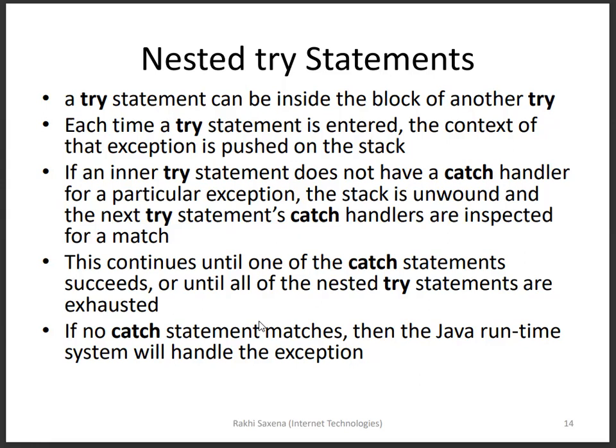This continues until one of the catch statements succeeds or until all of the nested try statements are exhausted. If no catch statement matches, then the Java runtime system will handle the exception.